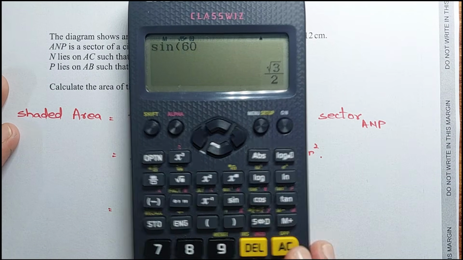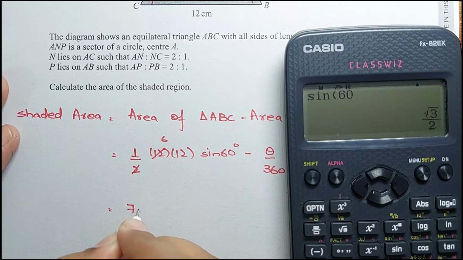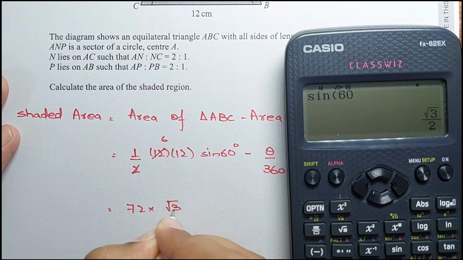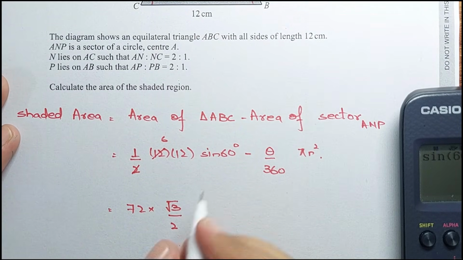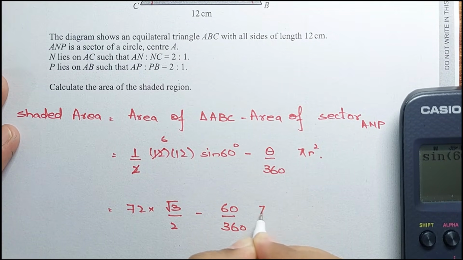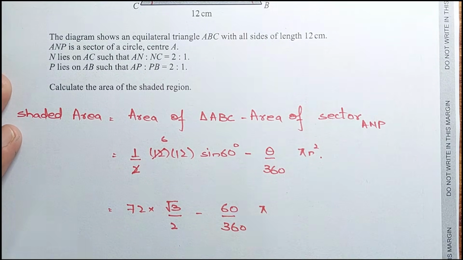Sine 60 is root 3 over 2. So 72 multiplied by root 3 divided by 2, and theta is 60 over 360 times pi r squared, where r is the radius.